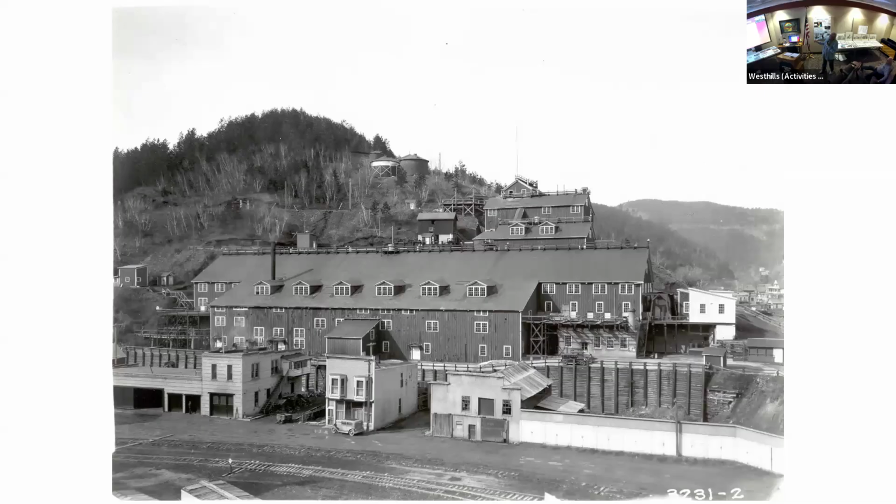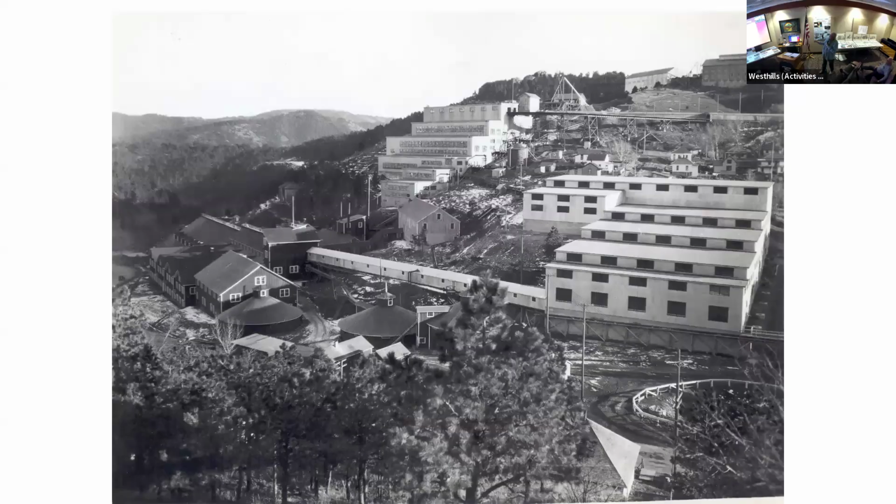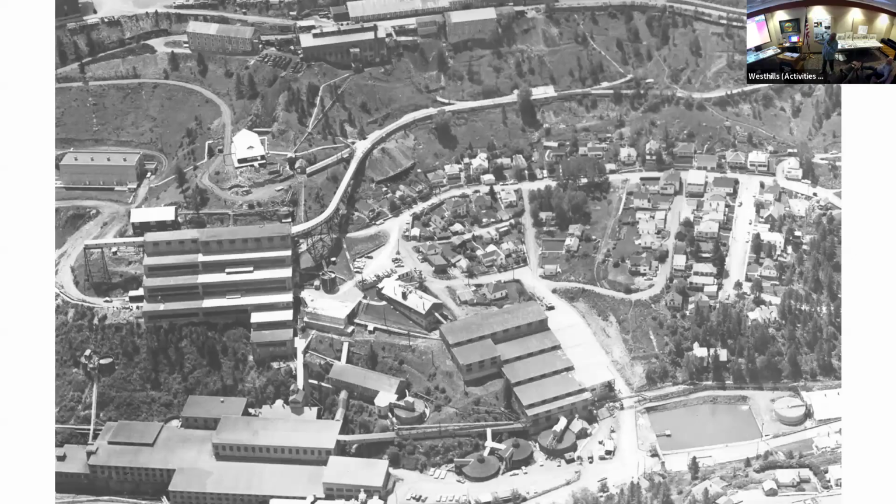The cyanide plant in Deadwood, which is now the Deadwood Mountain Grand, was used to press the final slimes to get the final ounces of gold out of the gold that went through those redwood vats. This is the new South Mill, 1930s version, an aerial view of it with the town just intermixed with the workings.